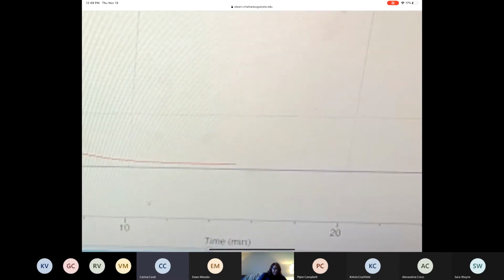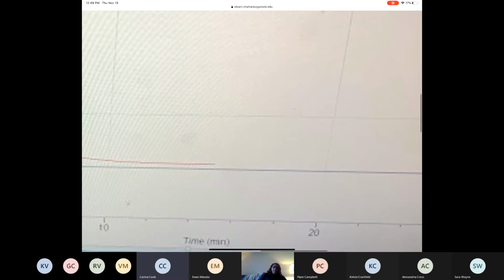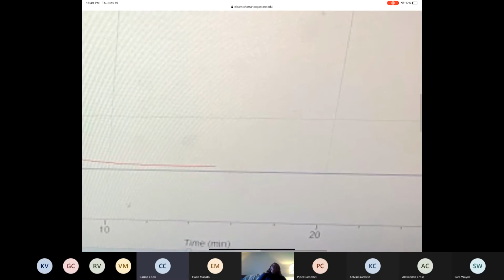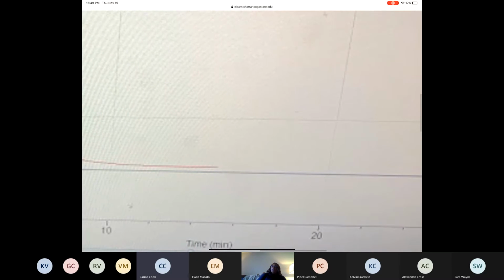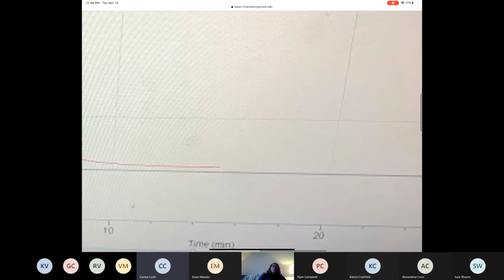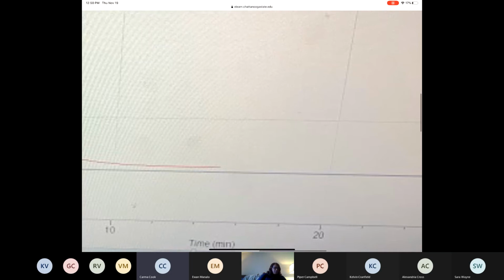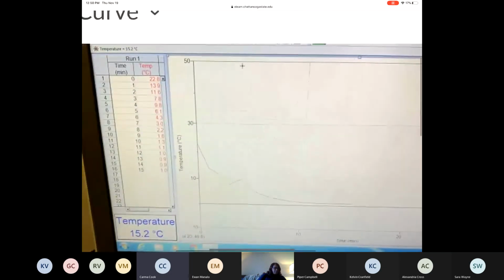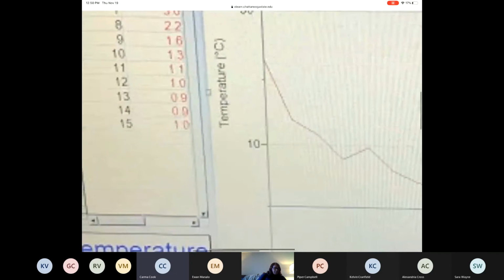That means we're not getting any appreciable change in temperature at the very end. And so that's indicative of a phase change. That means that now all of the liquid is solid, because during a phase change, the temperature does not change. The temperature is always going to be constant during a phase change.